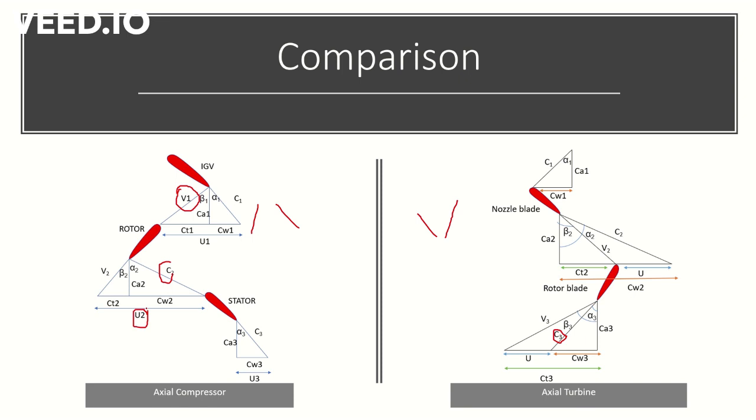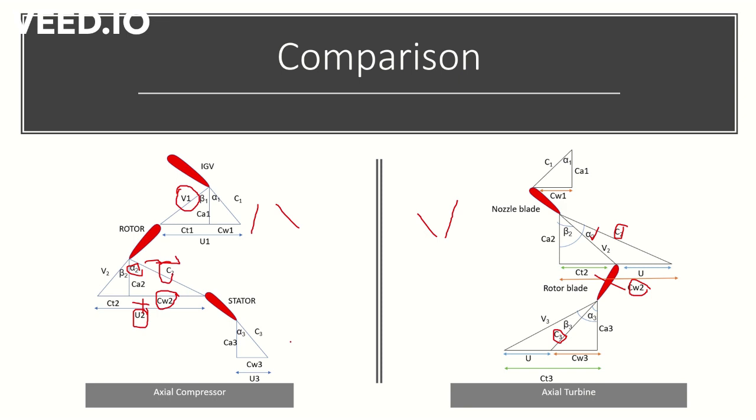Here U2 will be the sum of both, but there U2 will be the difference between C omega 2 and Ct2. As for other notations, as I explained previously, alpha 2 is associated with C2, which is the absolute velocity, which is again associated with Cw2, the whirl velocity.